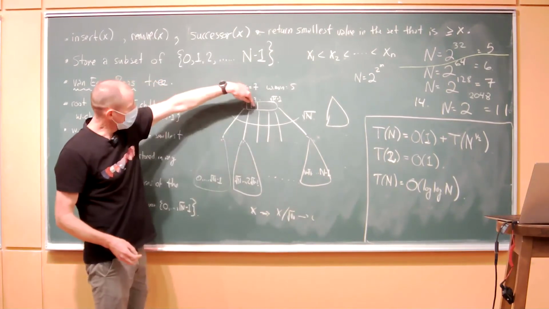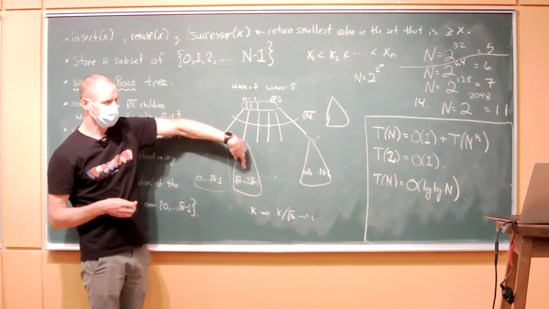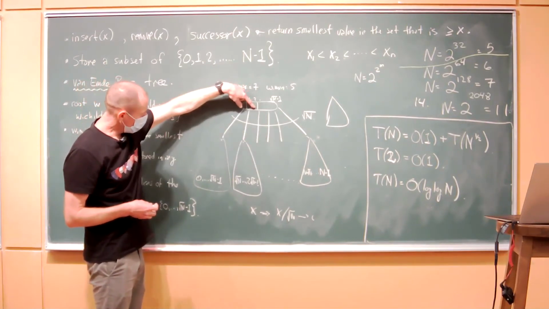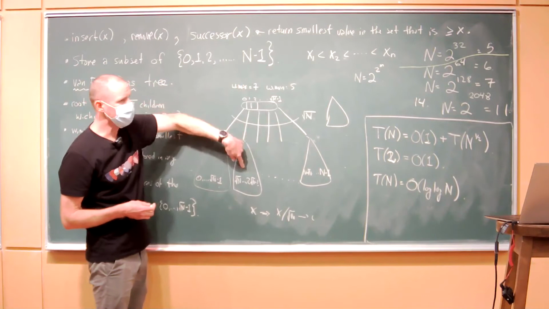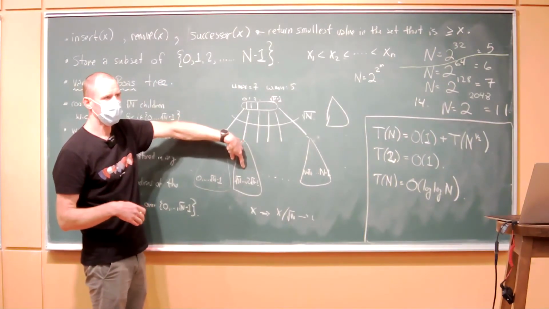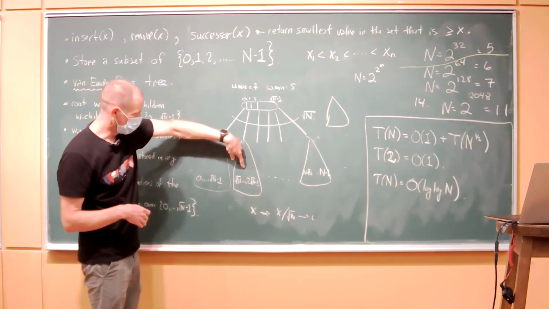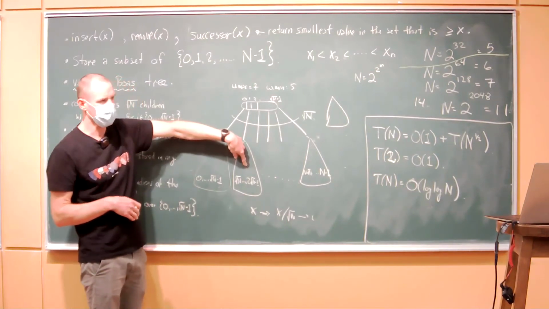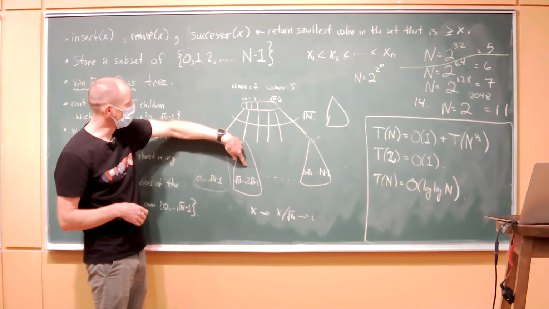That gives me the index of the child that should store x. So I could search in there. That would be one recursive search. But then maybe there's nothing in that tree that's bigger than x, in which case that search failed.